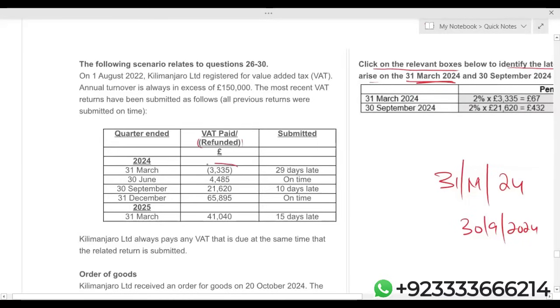Now look at this. How many days late? 29 days late. Actually, 2% applies when you are late between 16 to 30 days. Even though they are 29 days late here, there is still no penalty at all. Why? Because 3335 is VAT refundable. It is not VAT payable.